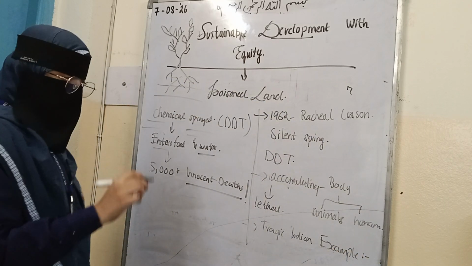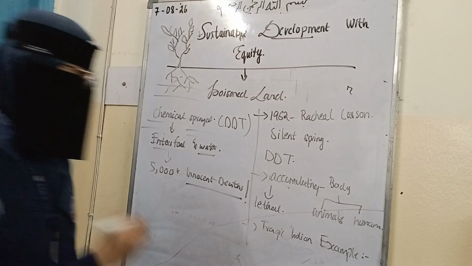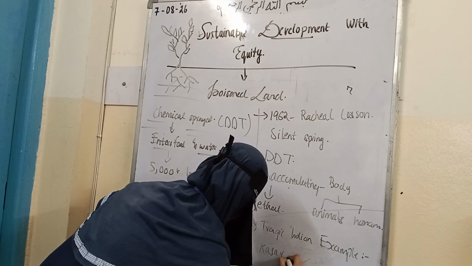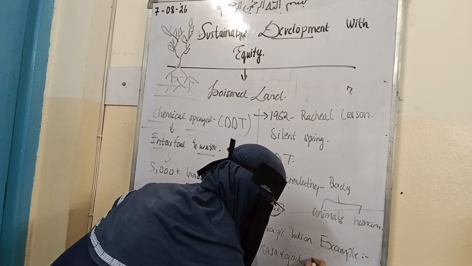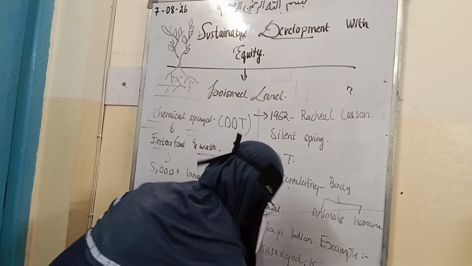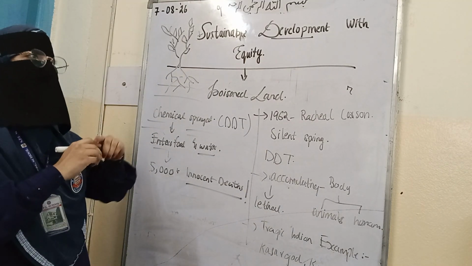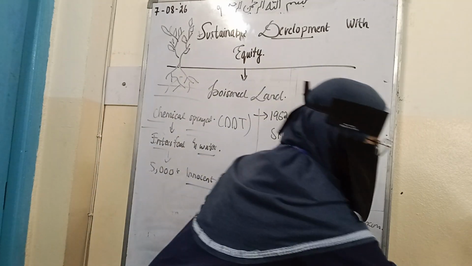There is a tragic Indian example, what happened in India, in Kerala, Kasaragod. Now what happened here? The government sprayed the chemical called endosulfan.